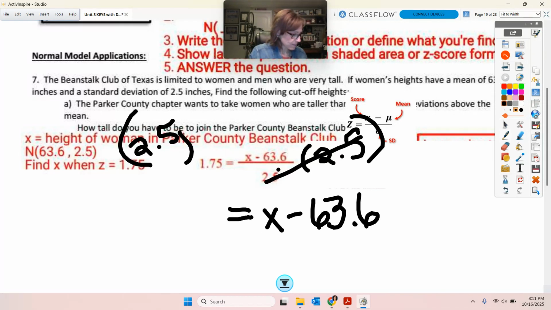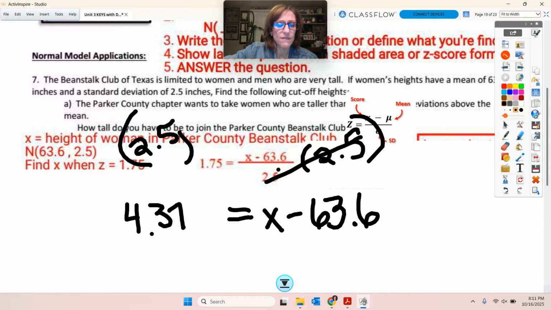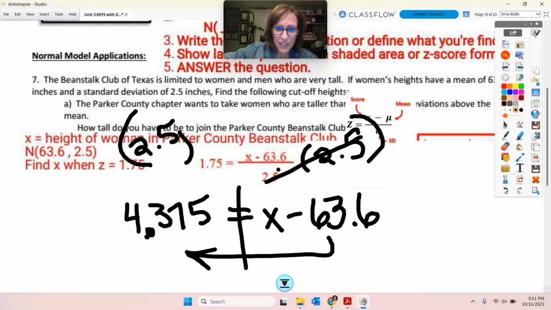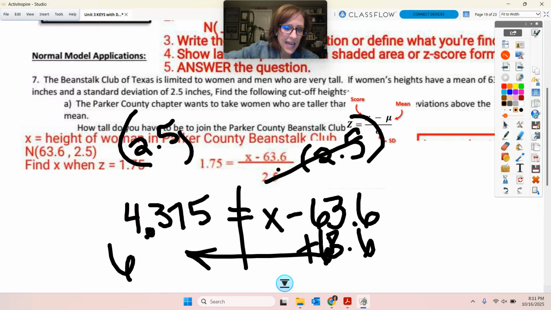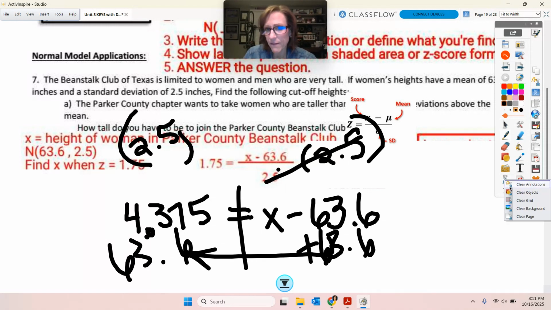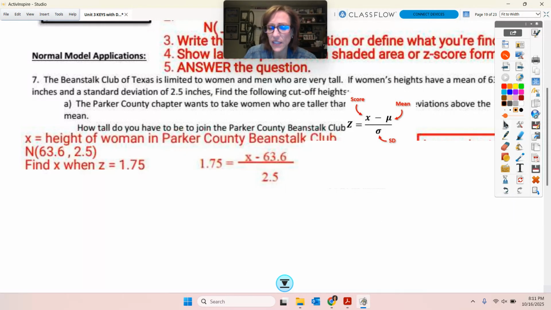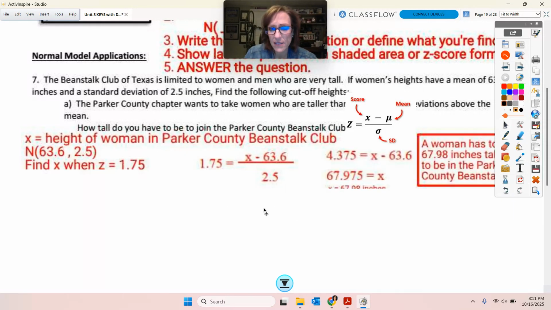So that is my 1.75 times 2.5, 4.375. So I've got 4.375. Okay, now I'm solving for x. So what am I doing? I'm going to add this 63.6 over to the other side. So I'm adding that 63.6, and then that's how we're going to get the x value. So I have that typed out here. Let's take a look. And there it is.